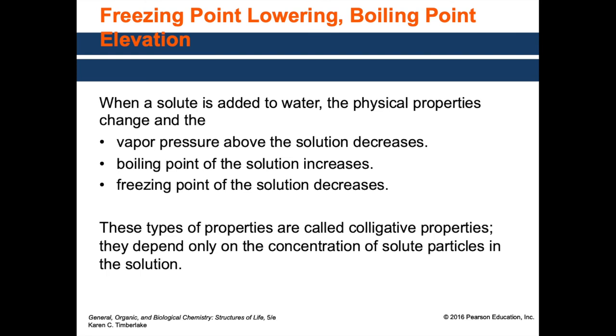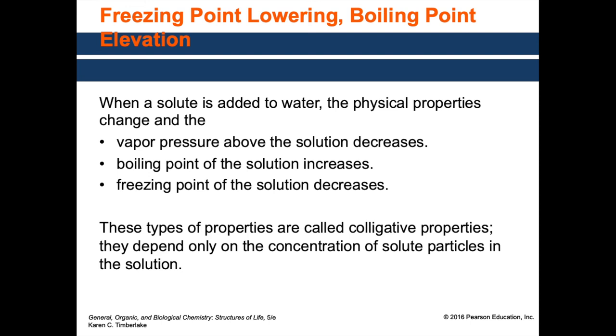Examples include vapor pressure, boiling point, freezing point, osmotic pressure, things like that. We're going to look at how these things change with concentration and how to do the calculations associated with them. In order to do that, we're going to have to learn a new unit for concentration, and that's molality. But I'm getting ahead of myself.